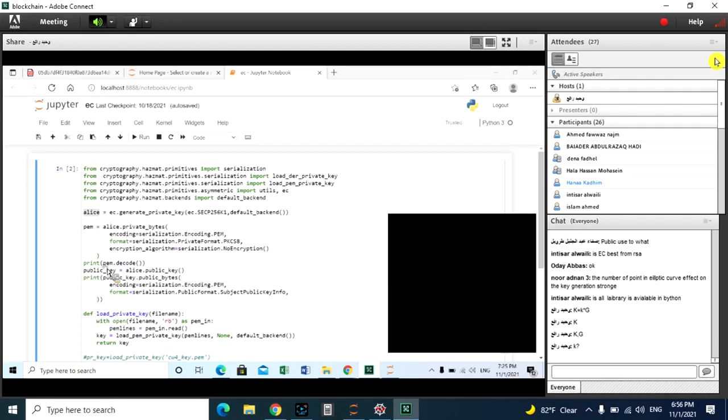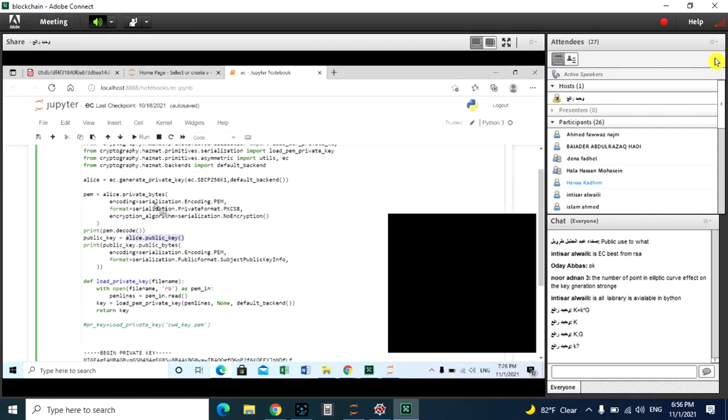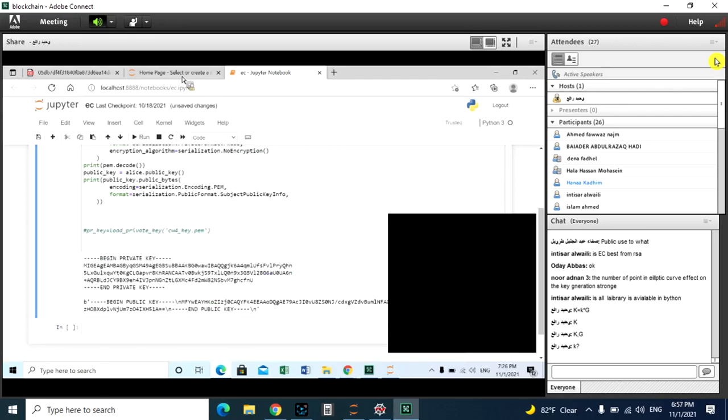With this command we serialize the public key and print out the export. Run this program. This is the private key, and this is the public key.